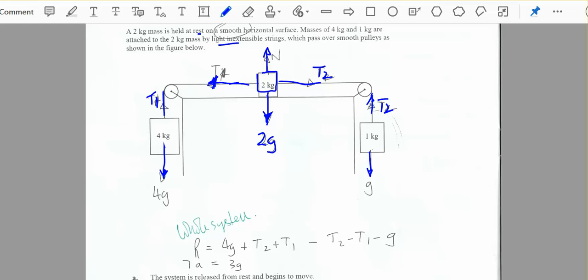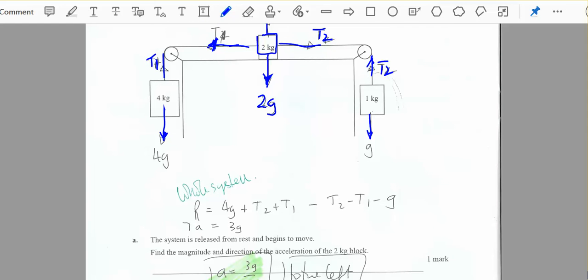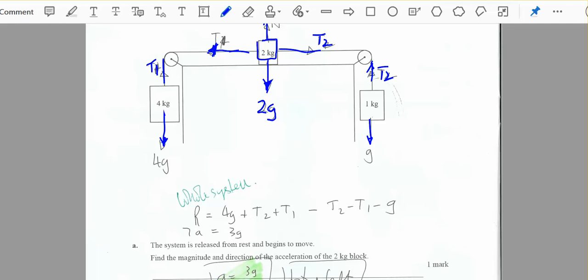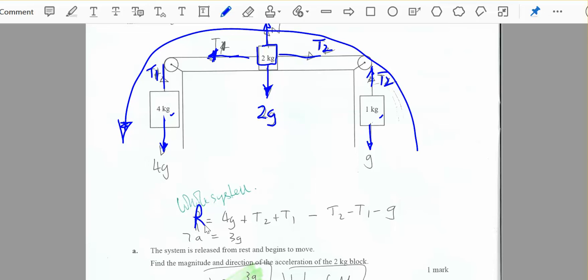So if I wish to find the acceleration, what I'd like to do is to treat it as a whole system. Since this is 4 kilograms and this is 1 kilogram, I think this system is going to move in this direction. So I'm going to know the resultant force in the direction of motion will be any forces going in the direction of motion.